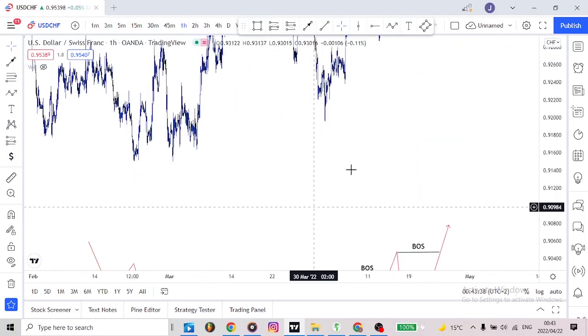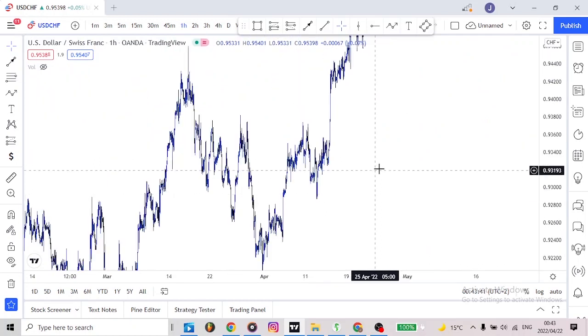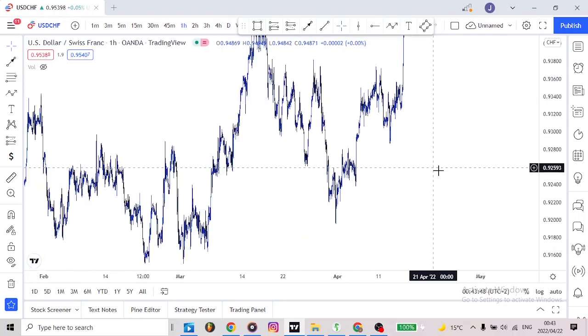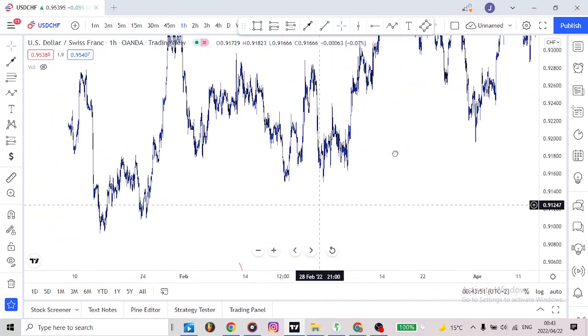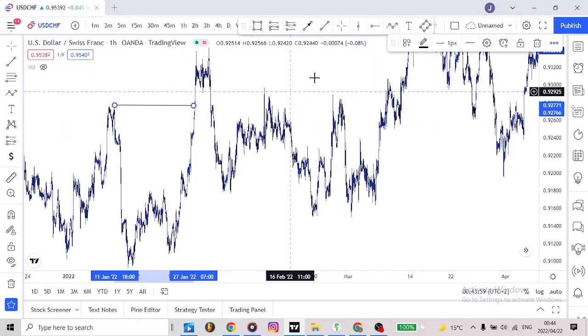Breaks of structure happen on every chart, guys. On any chart, as long as it's something that you can trade, there's always a break of structure. If you look at this chart here, we are in an uptrend. So here the break of structure, that's a break of structure.